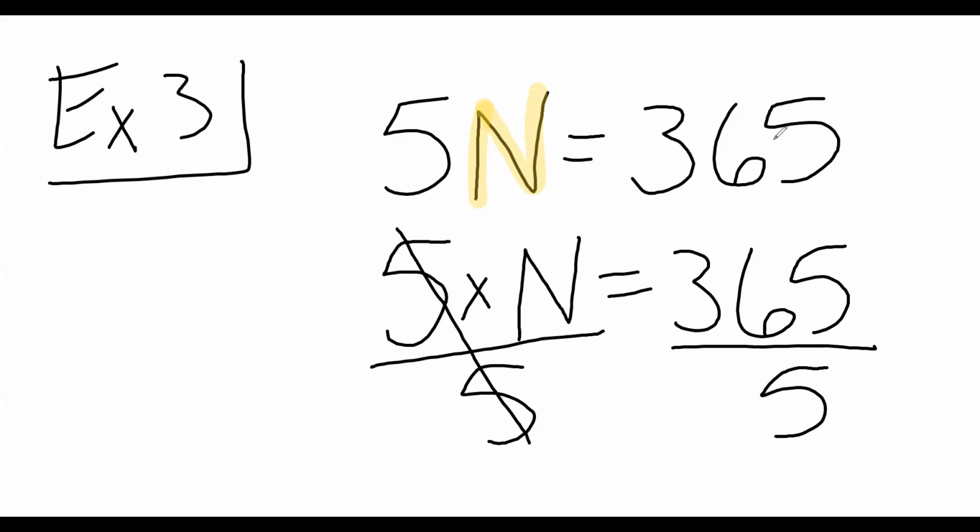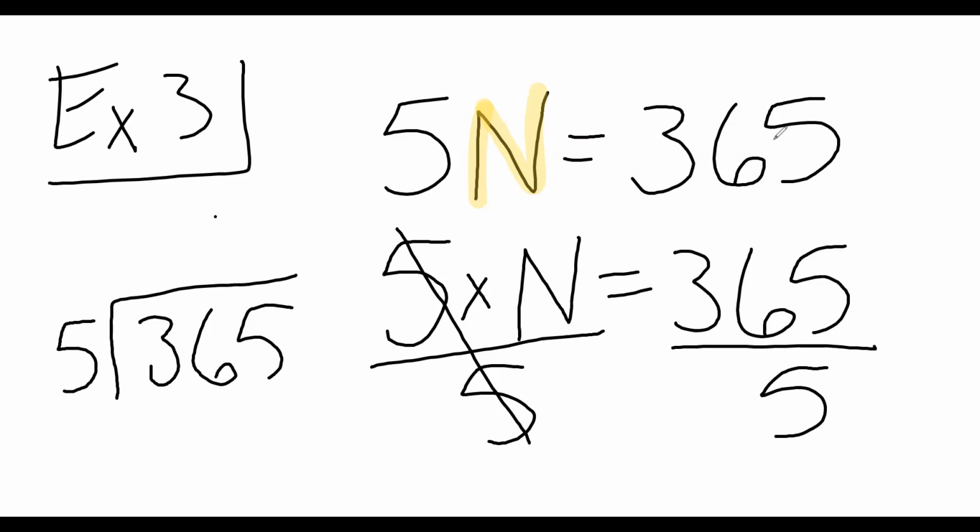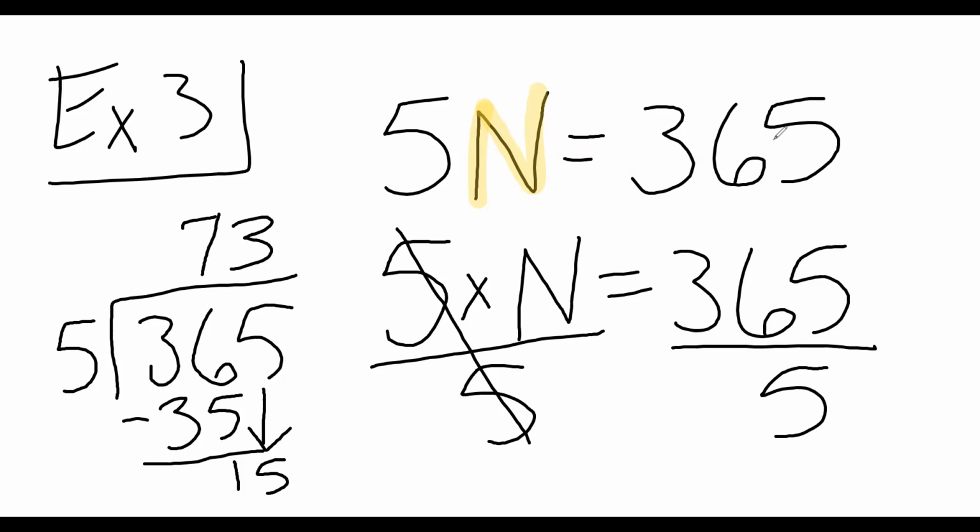So I'm left with n equals 365 divided by 5. 5 times 5 is 25. 36 minus 35 is 1. Exactly.